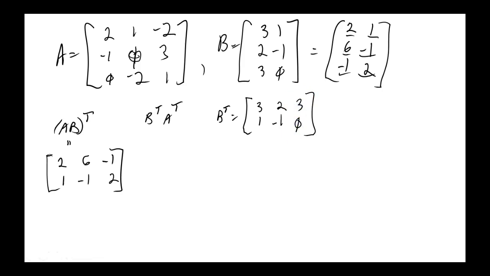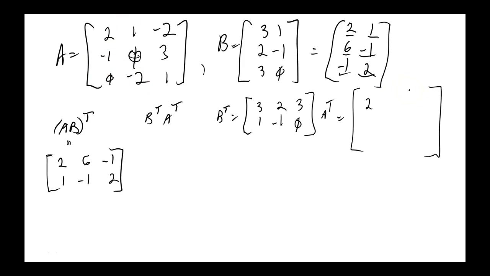Now we need to do A transpose. What size will it be? 3 by 3, of course. Okay, and what will be its entries? Give me either first row or first column, I don't care. Just tell me which one you're doing. First row. First row is what? 2, 2, 6. Sorry.